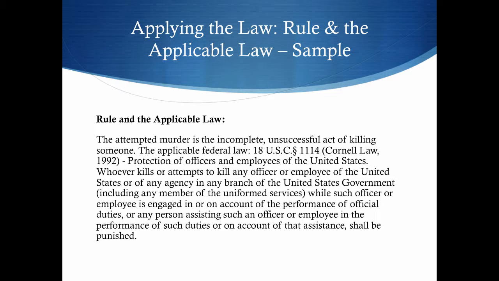Whoever kills or attempts to kill any officer or employee of the United States or of any agency in any branch of the United States government, including any member of uniformed services, while such officer or employee is engaged in or on account of the performance of official duties, or any person assisting such an officer or an employee in the performance of such duties, or on account of that assistance, shall be punished. So we now have the rule and the applicable law. So this is a proficient response, 100% of the points.